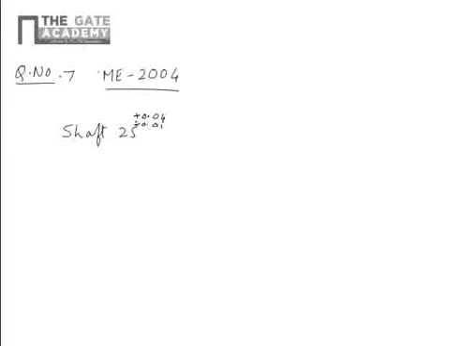This is the shaft dimension he has given, mated with a hole of size 25 plus 0.02 minus 0.00. What is the maximum clearance in the assembly?